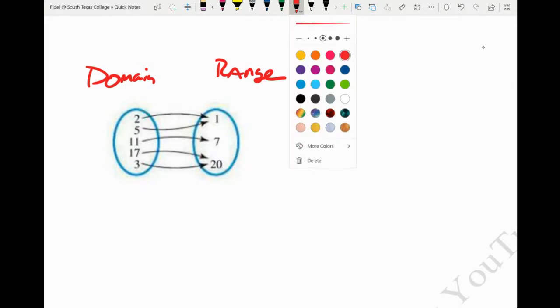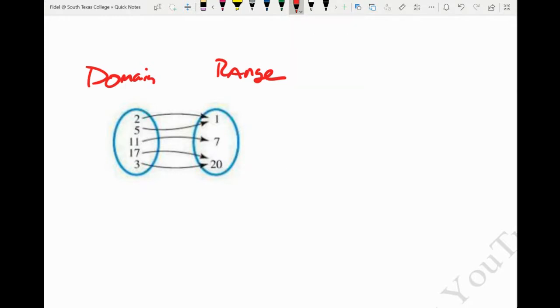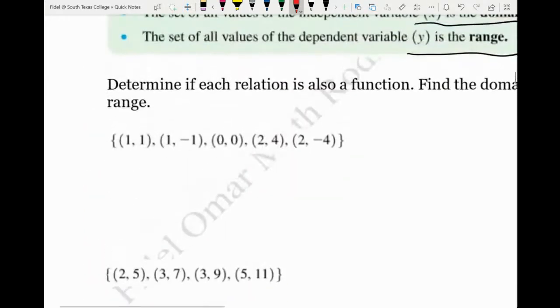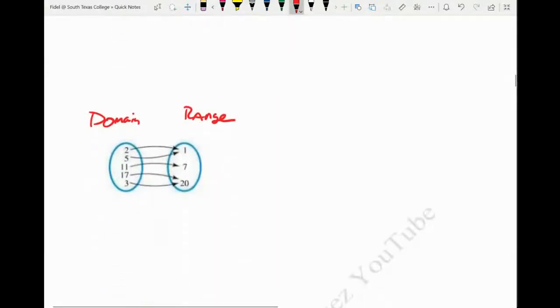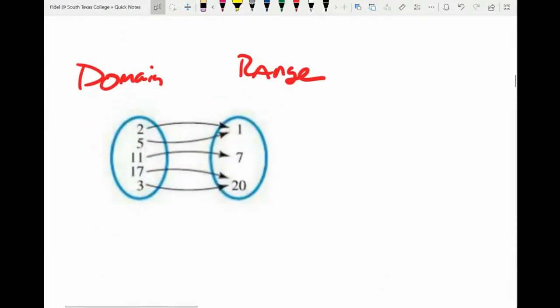And the question that we're being asked is, is the relation a function? In order for it to be a function, everybody in the domain can only have one partner in the range, okay?